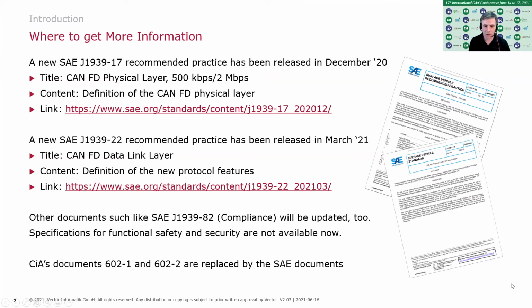So don't rely on the documents 602-1 and 602-2, since they are considered outdated and there will be no maintenance. The -22 and -17 documents are now the official documents. And by the way, they have been improved. They are not identical twins to the CiA documents.